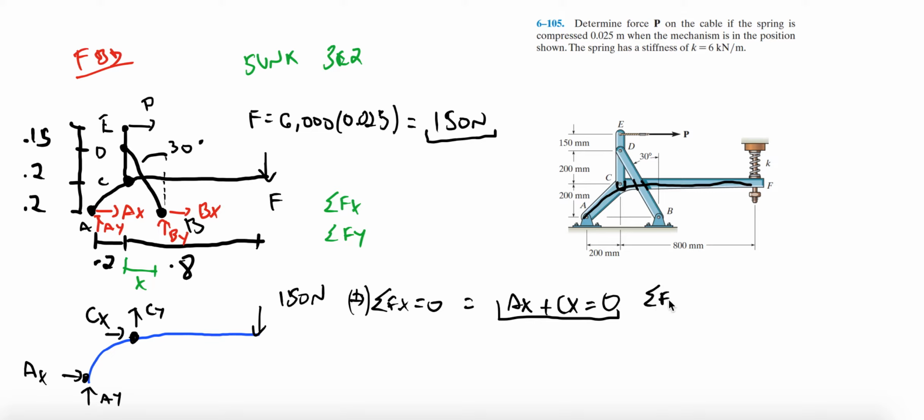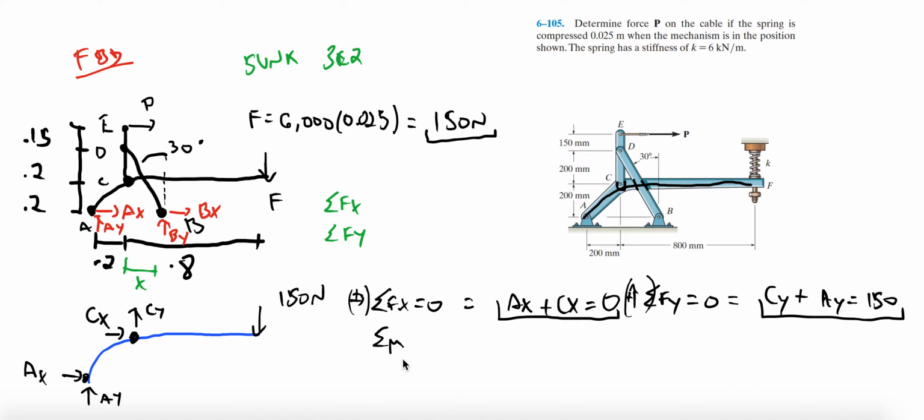Sum of the forces in the y equals 0, positive up. We get Cy plus Ay equals 150. Okay, that's another equation. Doesn't really help us much right now.